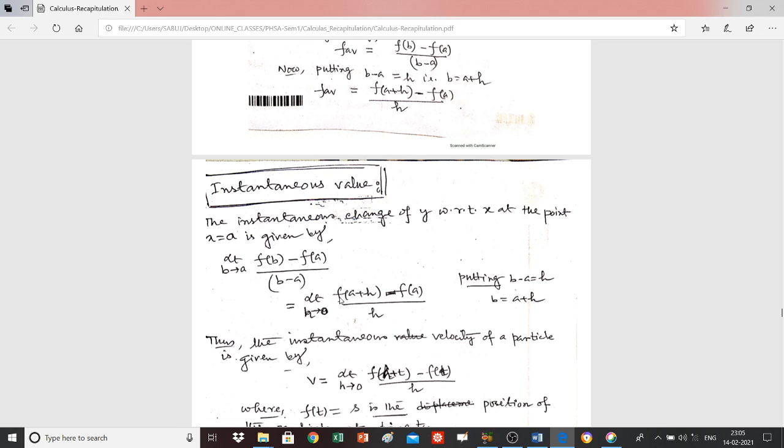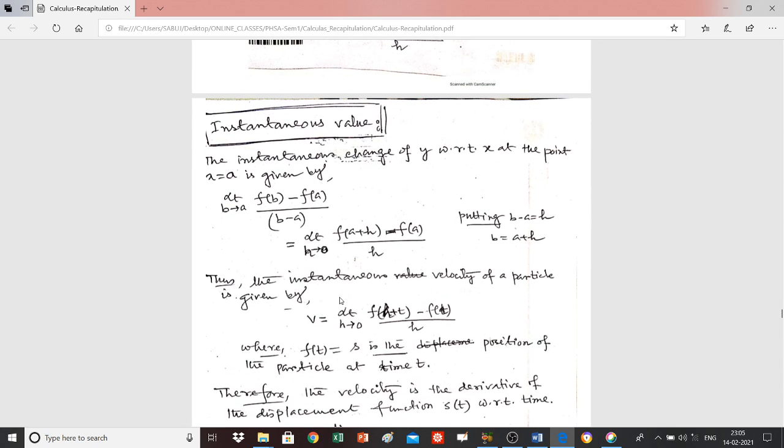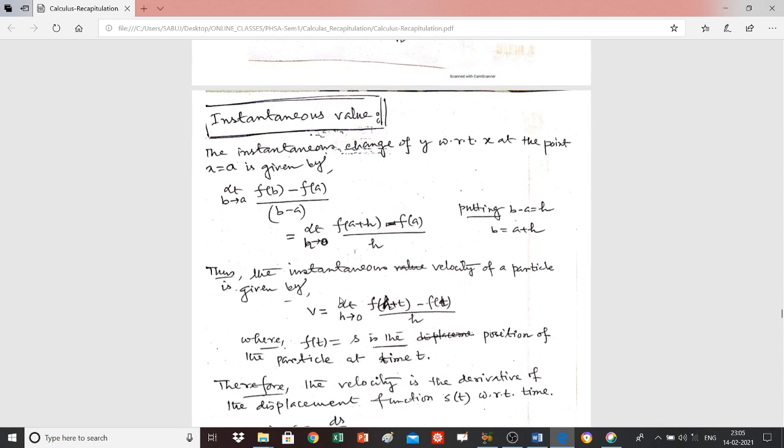Now you can have another one, that is the instantaneous velocity of a particle, which is given by v equal to limit h tends to 0, following this relation, of f(h plus t) minus f(t) by h.